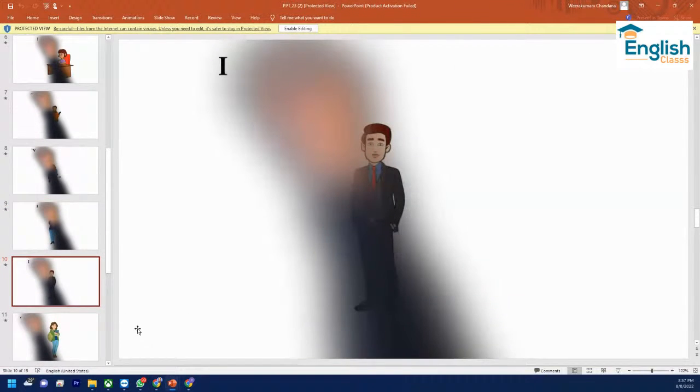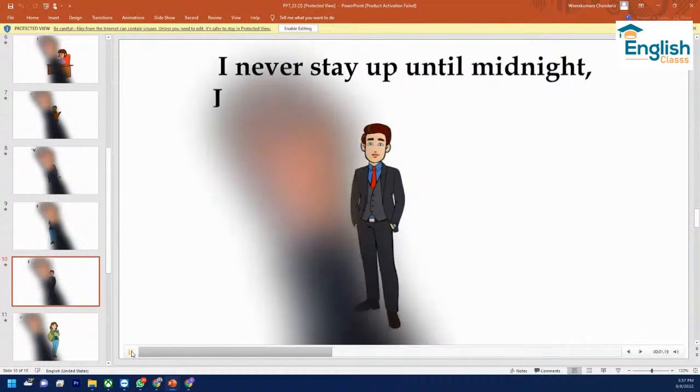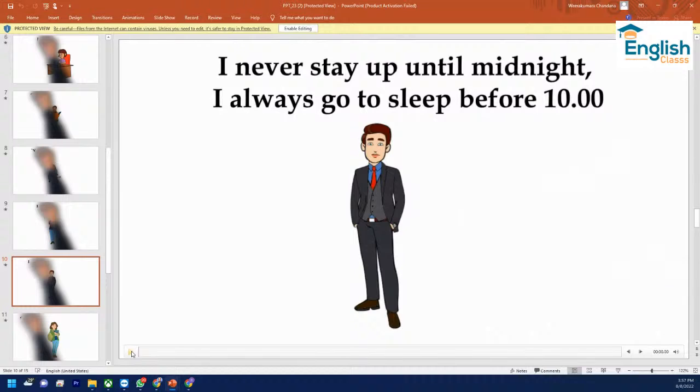Look at this example given here. I never stay up until midnight. You have to use the word never in the middle of the sentence just before the verb. What is the verb here in this sentence? Stay up. I never stay up until midnight. I always go to sleep before 10.